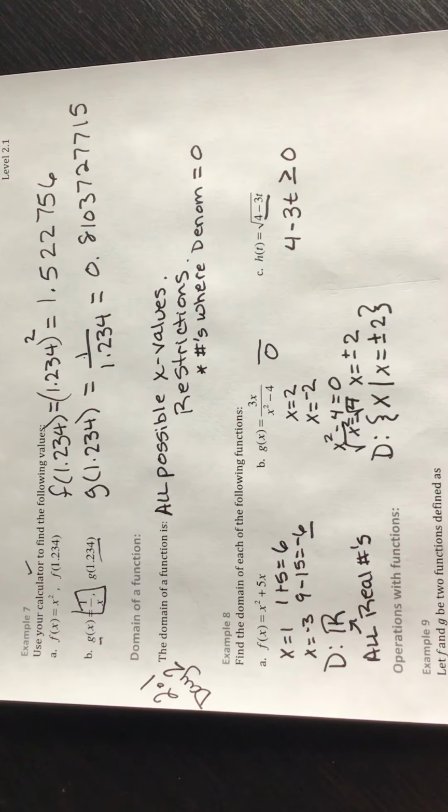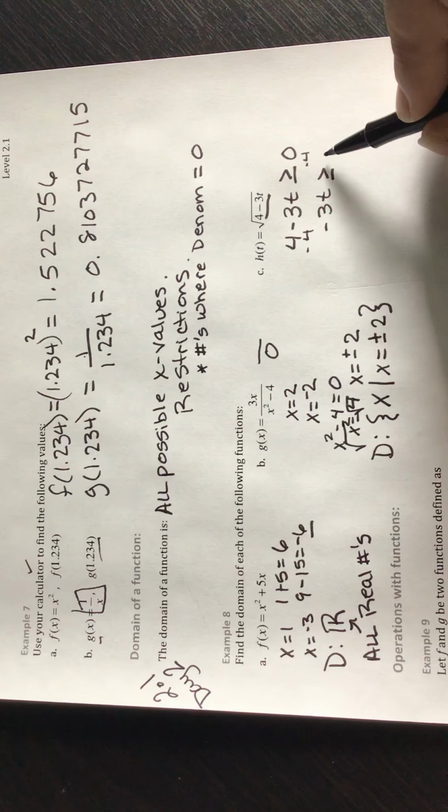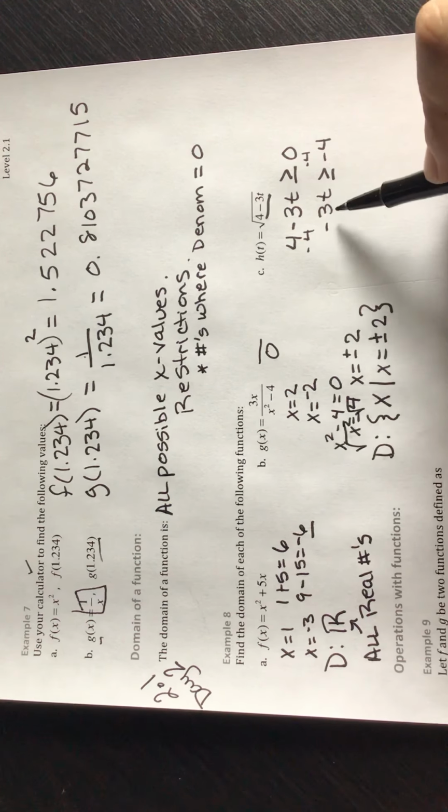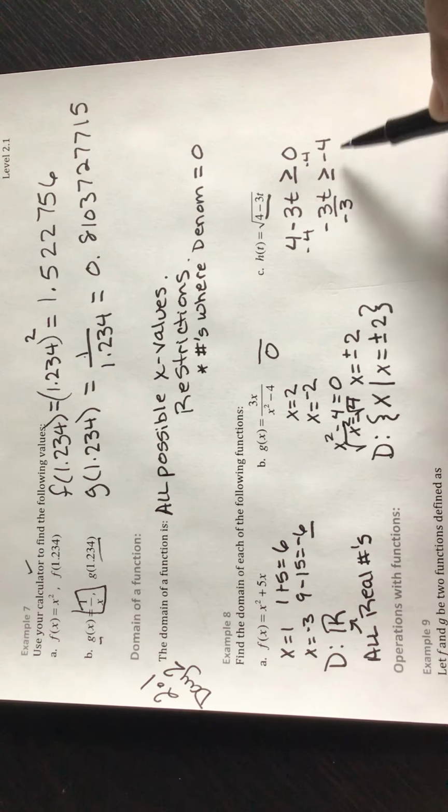If I solve this inequality, I'm going to subtract 4 on both sides. So negative 3t has to be greater than or equal to negative 4. And if I divide by negative 3, remember, if I'm dividing by a negative, I have to turn my sign around, and that would equal, 2 negatives make a positive, 4/3.